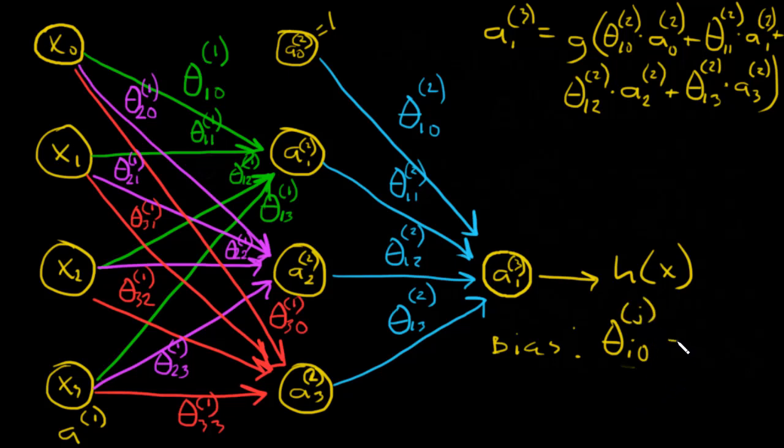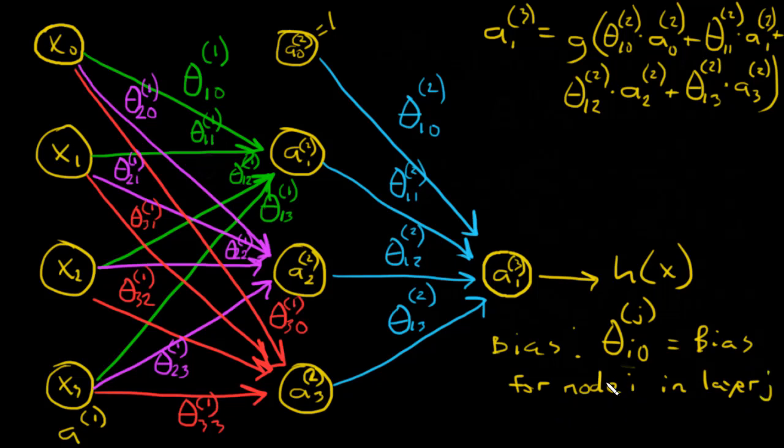This would be the bias for node i in layer j.